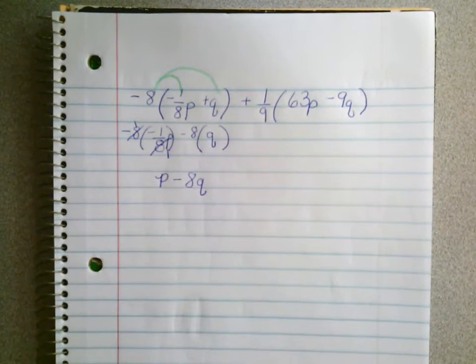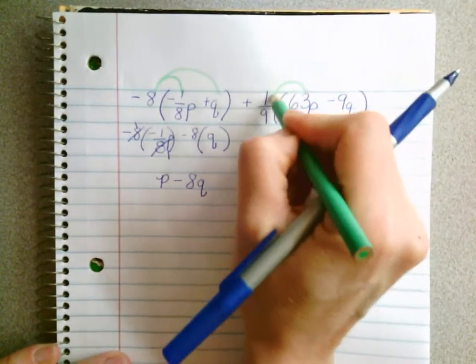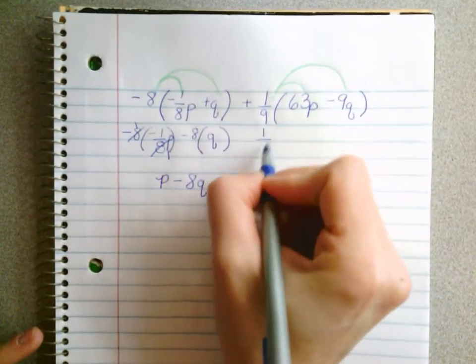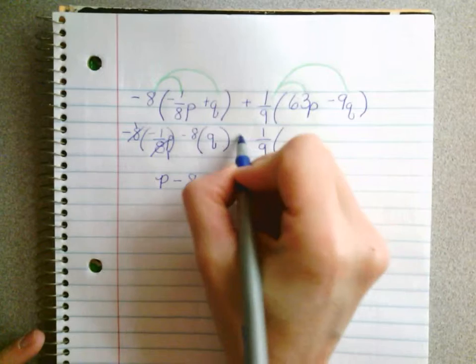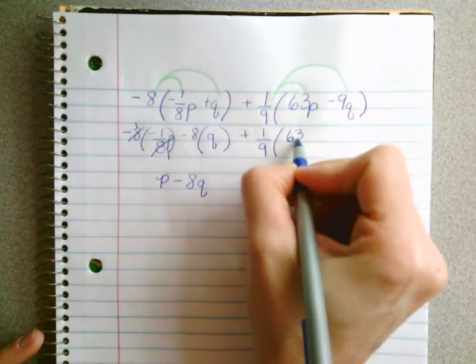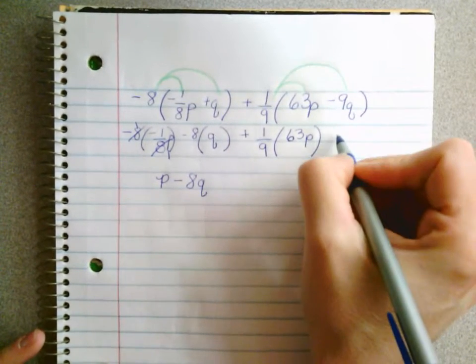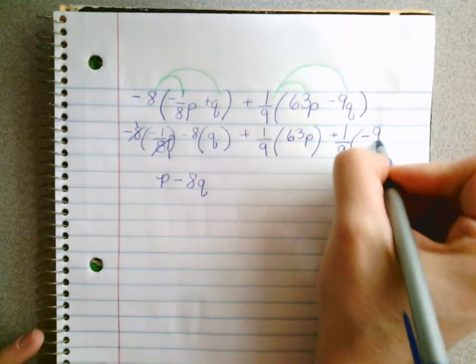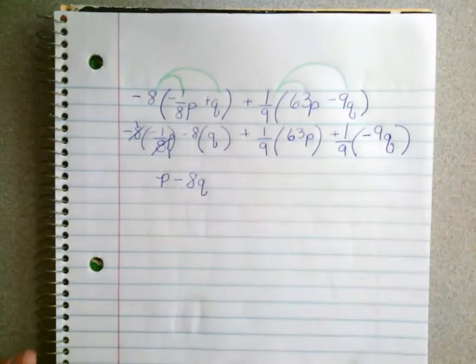All right, let's go to the next one. We've got 1/9 being multiplied, and that's positive, being multiplied by 63p. And we've got 1/9 being multiplied by that.